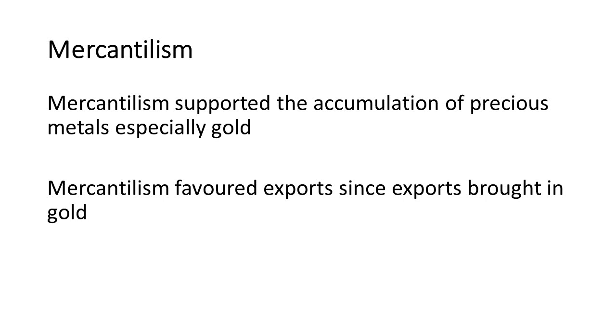So they favored exports because exports brought in gold, and they were against imports because when a country imports something, the country has to give precious metals like gold and silver in return. So they supported exports and they were against imports.